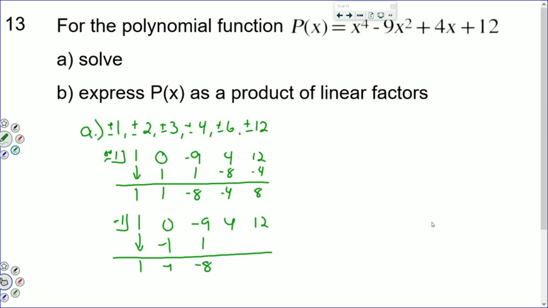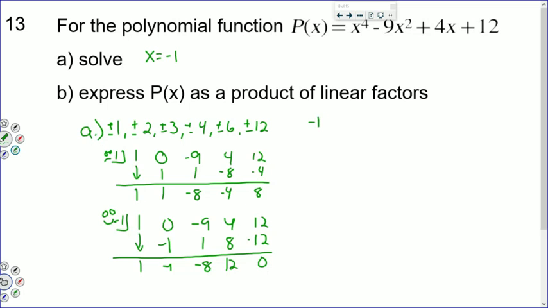Negative 1 times negative 8 is 8. 4 plus 8 is 12. Negative 1 times 12 is negative 12. And then we get a 0. So this one does work. So x equals negative 1. We need to check negative 1 again in case it has some multiplicity.